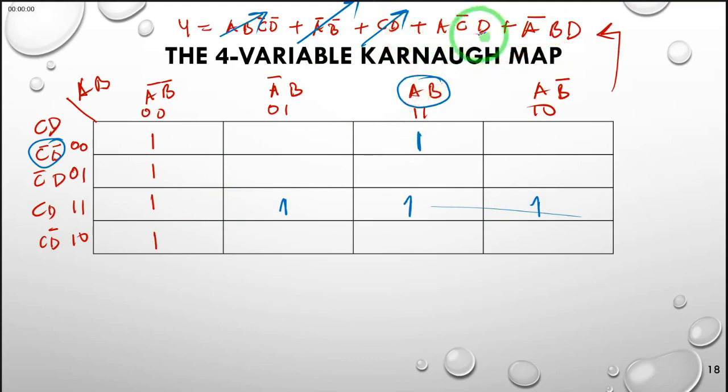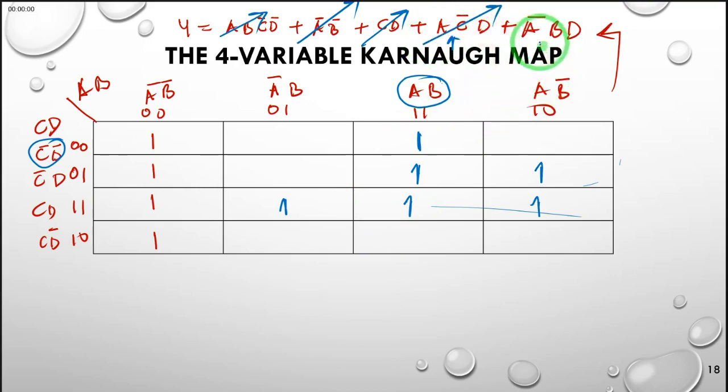A C bar D. So what we are missing here is B. So all we need to do is identify the columns that have A without a bar, and these are these two columns. And then we notice that we have C bar D. C bar D is filled in the second row, meaning that here we have a 1 and here we have a 1, because these two intersect where we have A without a bar and B may take the two possible values. And therefore this one I have already done.